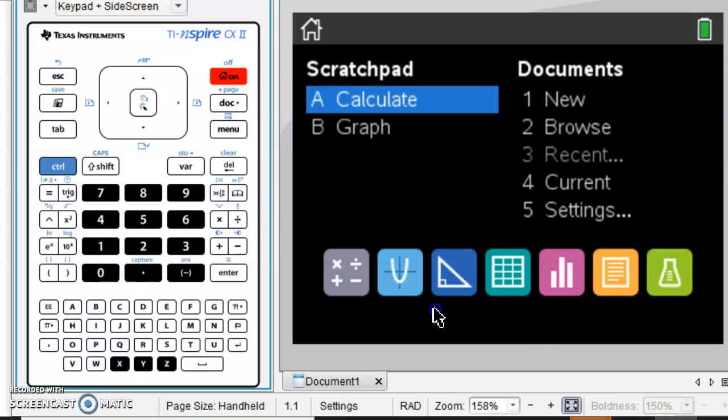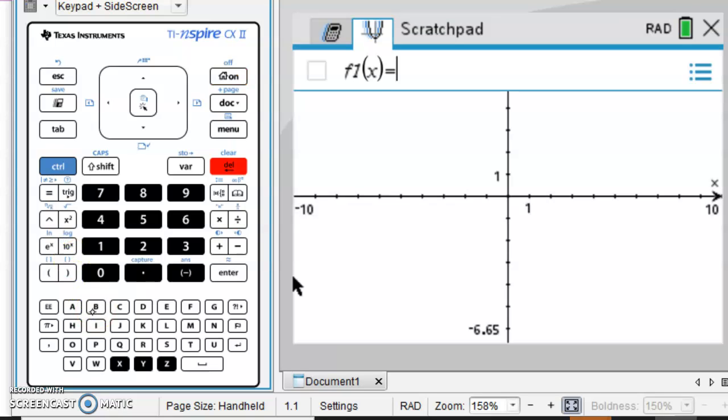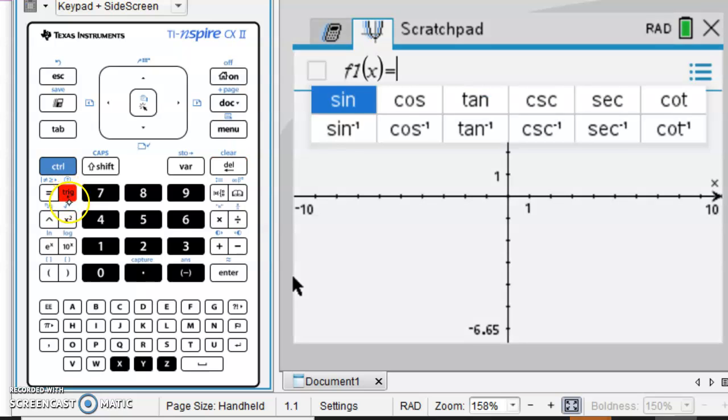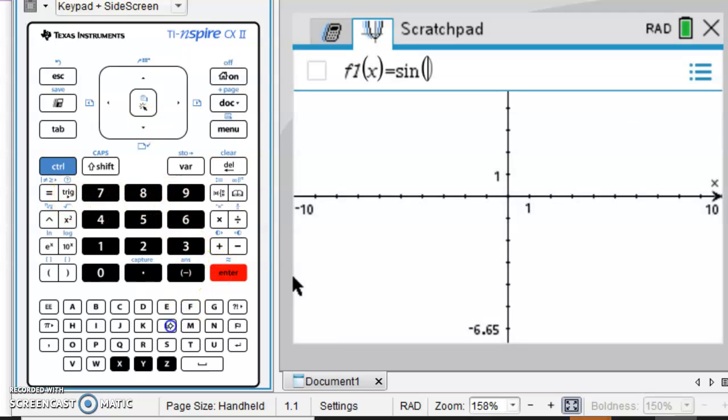So I like to use the scratch pad on here. So hit the home button and click on B to get the graph. And I'm going to go ahead and graph f of x. That was sine of x. So sine of x is f of x.